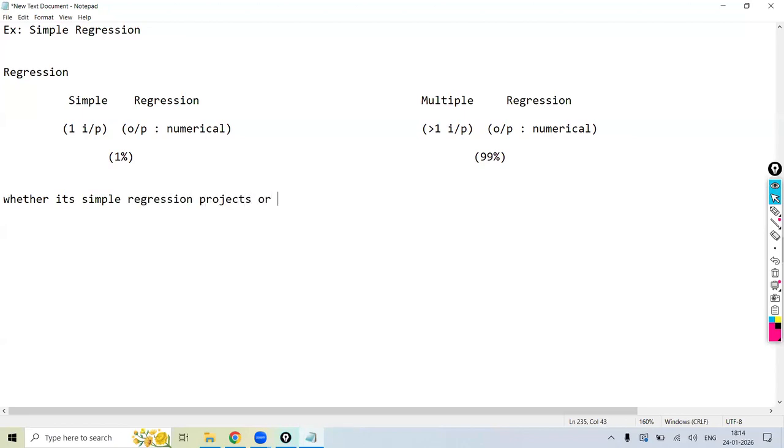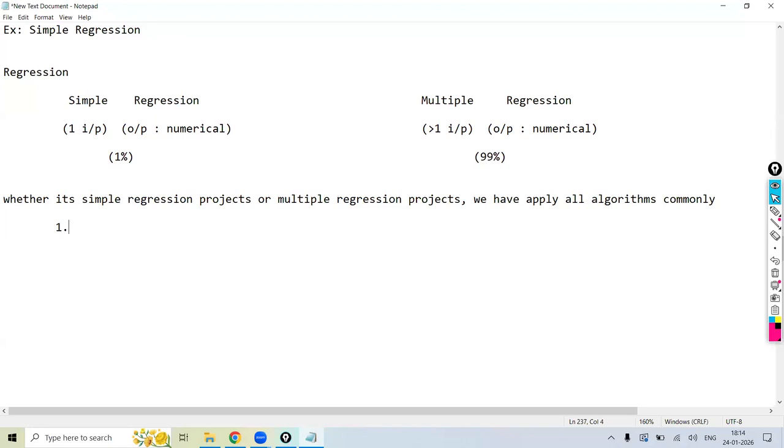Whether it is simple regression projects or multiple regression projects, for both of them we have to apply all the algorithms commonly. The algorithms are the same for simple and multiple. Whatever algorithms there are, we have to apply them all commonly.